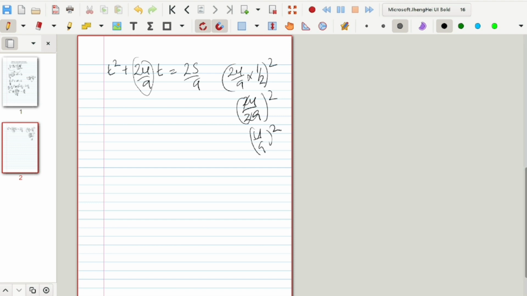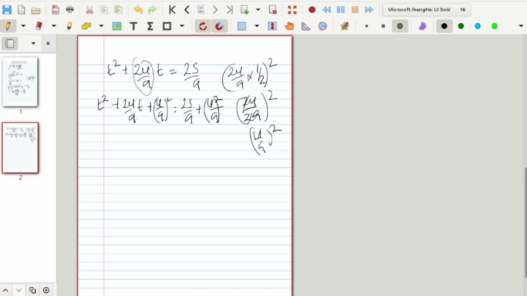Then the rule says you add it to both sides: the coefficient of t after multiplying by half and squaring it is added to both sides. So on this side, you have t squared plus 2u over a t plus u over a all squared equals 2s over a plus u over a all squared.